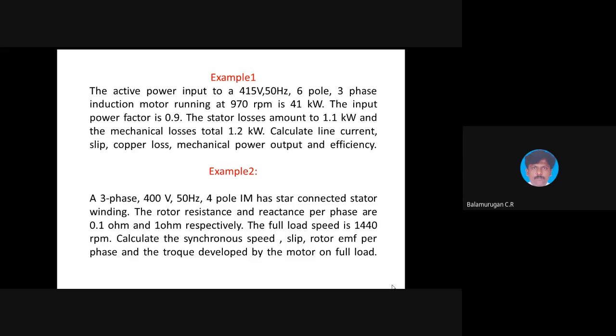One by one we can solve. Anyone know the formula for line current? We call that IL. You are supposed to calculate the IL value. If you know the formula, try to solve. What is the formula to calculate the line current?